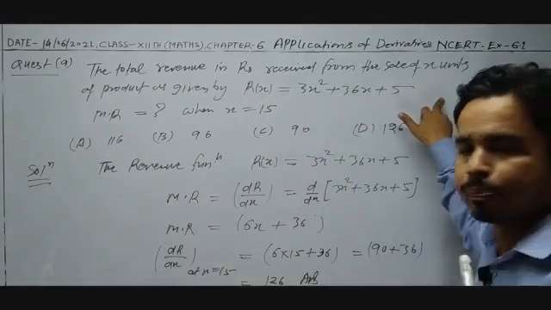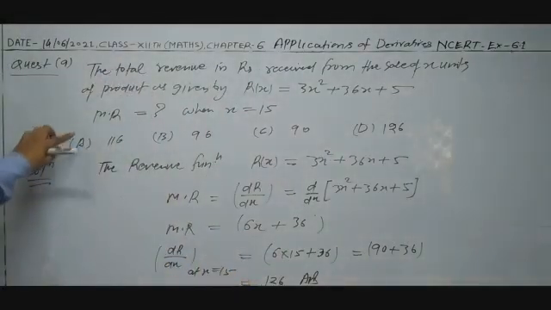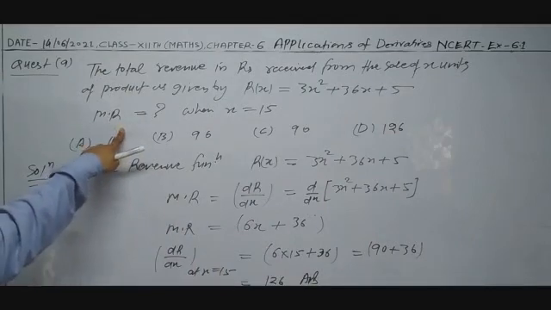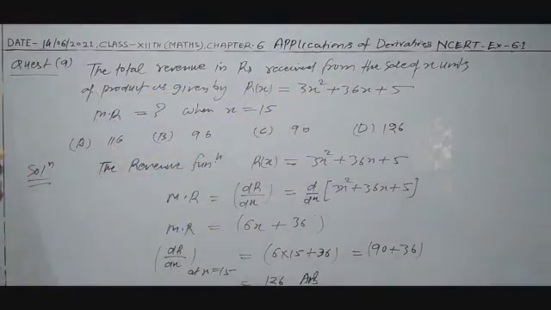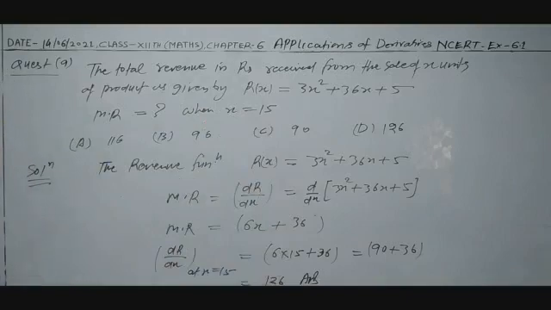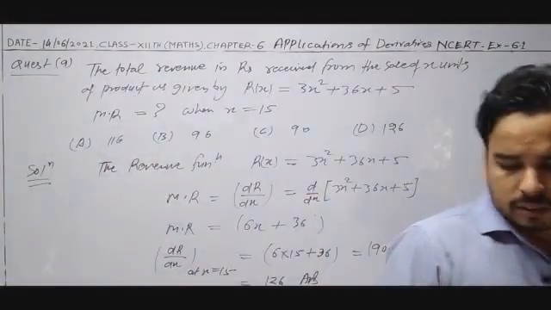We have to find marginal revenue, which you get by differentiating the revenue function with respect to x, when x is equal to 15. Find marginal revenue, and the options given are 116, 96, 90 and 126.